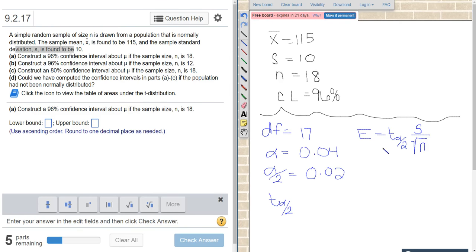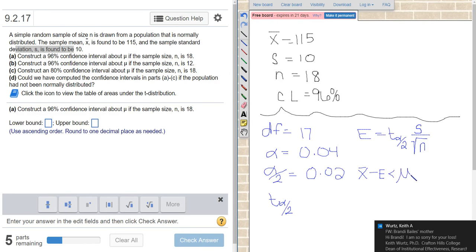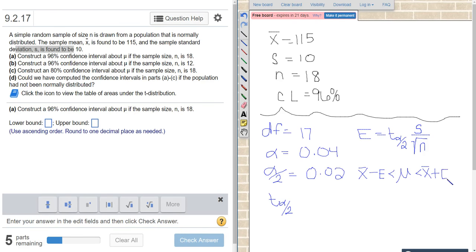I will plug that and chug that into x bar minus E is less than mu is less than x bar plus E. So these two pieces will end up giving me the actual confidence interval. So I'm going to jump over into Excel and use these two pieces to get the final answer for my confidence interval.